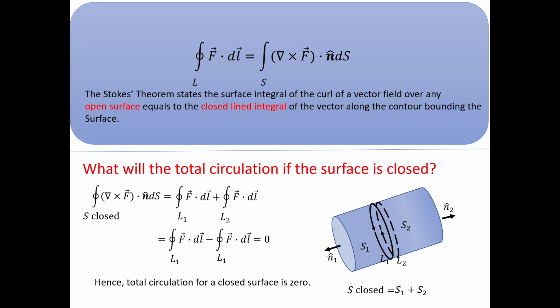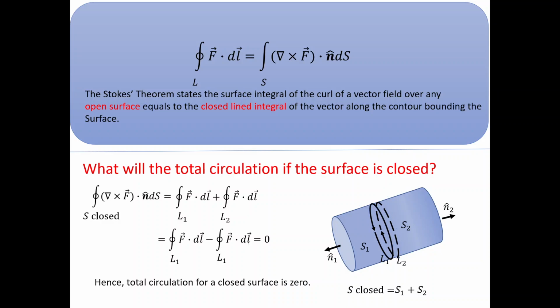Then there will be a line integral for this loop which is bounding this surface S1, and then there will be a line integral which is bounding this particular surface S2.